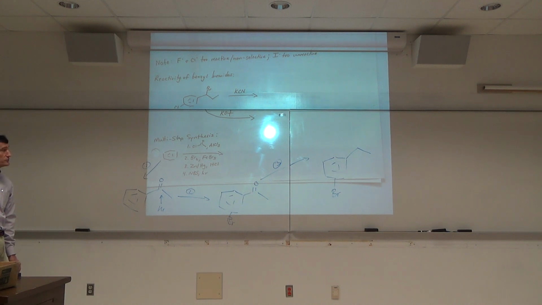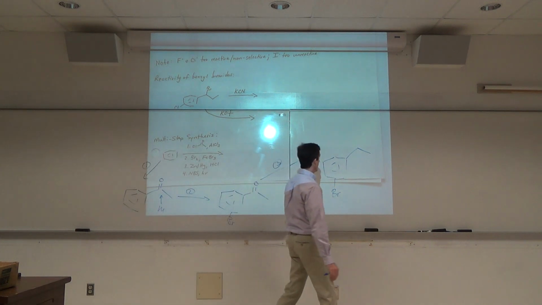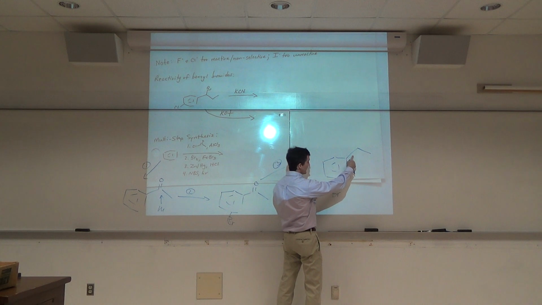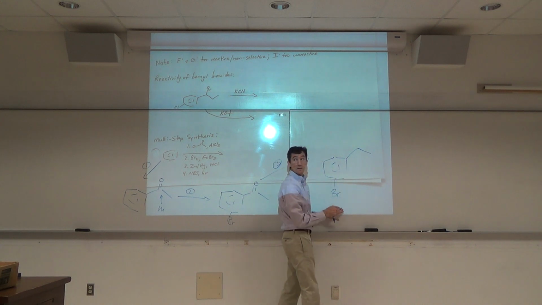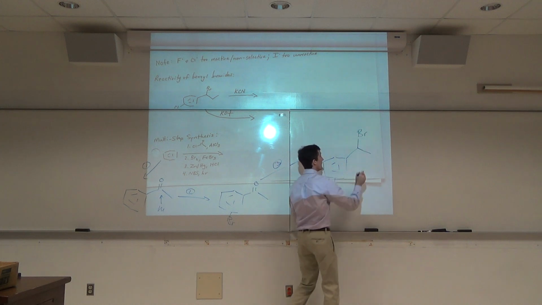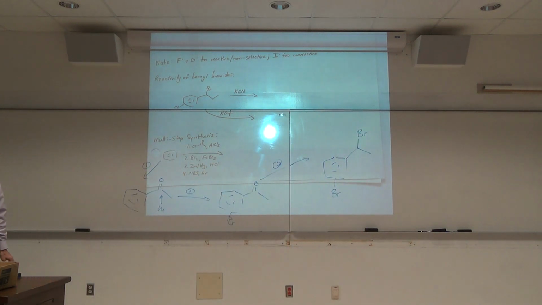So now we have an alkyl group. Now NBS and light, what is that going to do? Add bromine where? Let's see, that's an ortho-para director. Oh, benzylic. Okay, so right here, in place of an H. There you go.